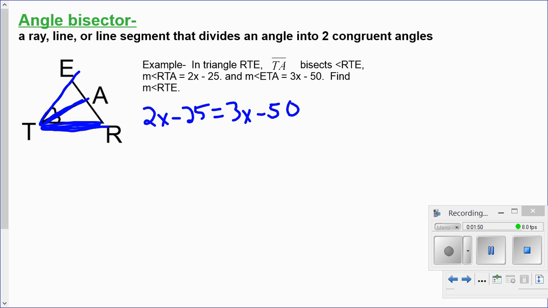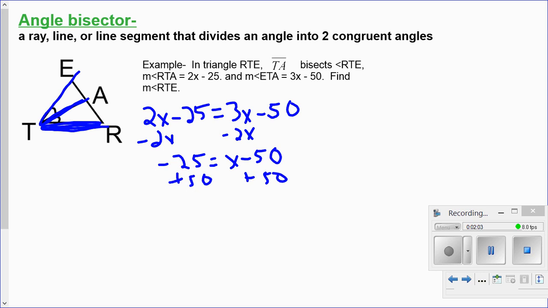So I'm going to subtract 2x from each side, which gives me negative 25 is equal to x minus 50. I'm going to add 50 to both sides, which gives me 25 is equal to x. And remember that those are degrees. So that was x, but I'm supposed to find the measure of angle RTE, the large angle.